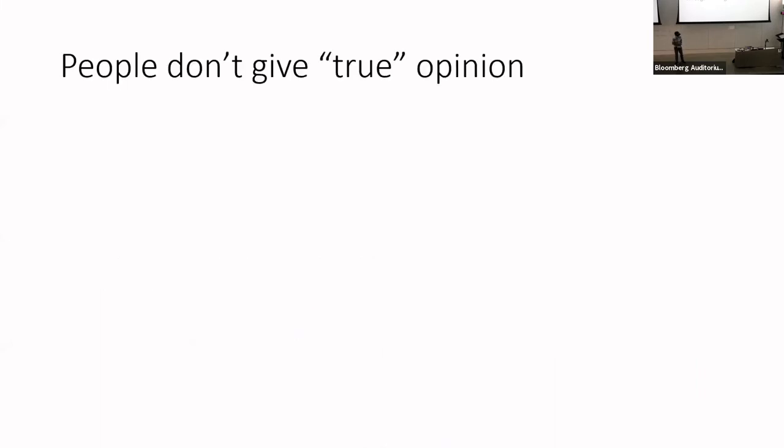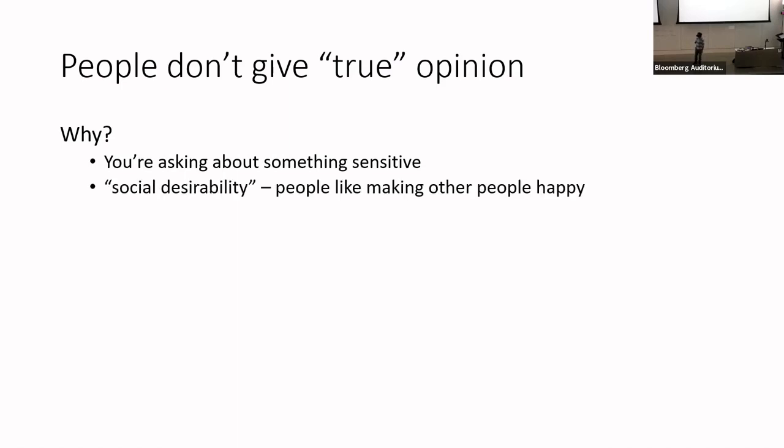Okay, so what goes wrong? First, maybe the simplest thing that can go wrong is that people just don't give you their true opinion. Maybe you're asking about something sensitive, like health status. There's something called social desirability, which is that certain answers are more socially acceptable than other answers.